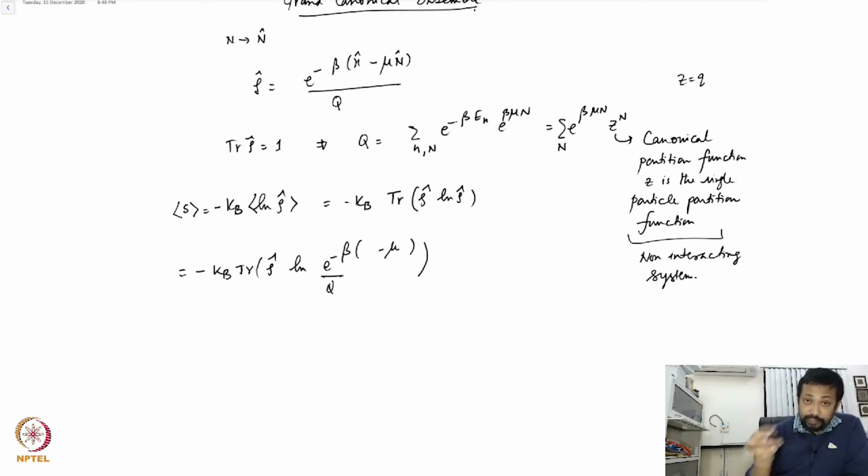Anyway, we can use that interchangeably, because otherwise this will mean the matrix. If you write E_n, it means the matrix element in the energy basis. So we have H hat and N hat.